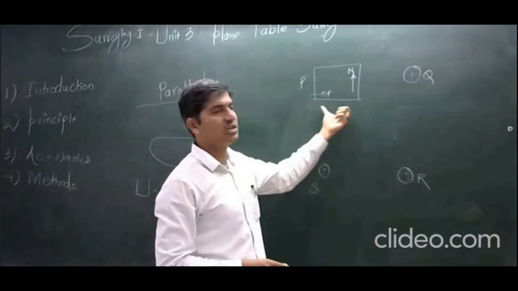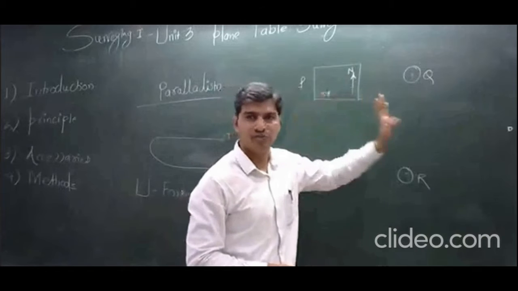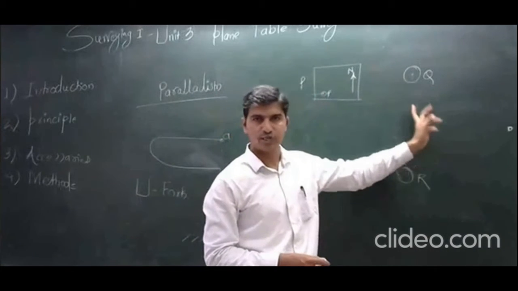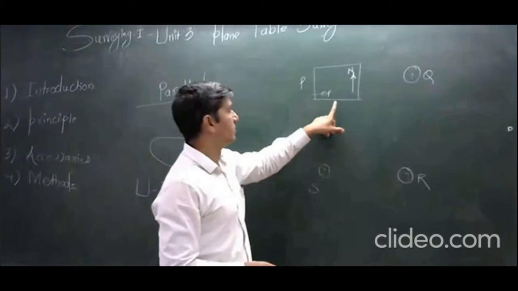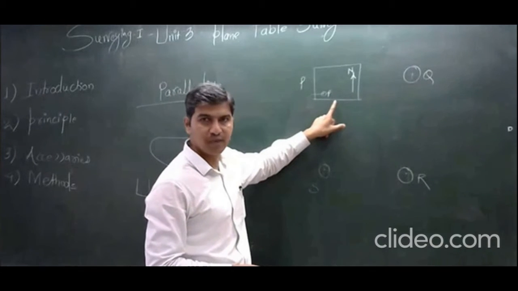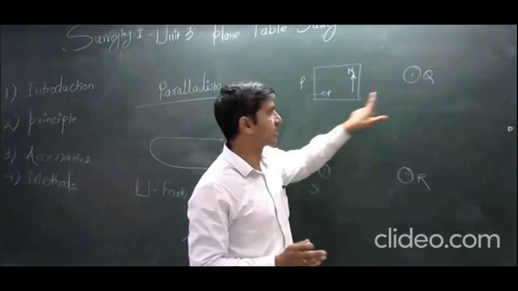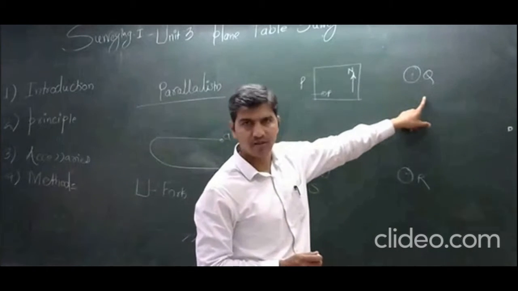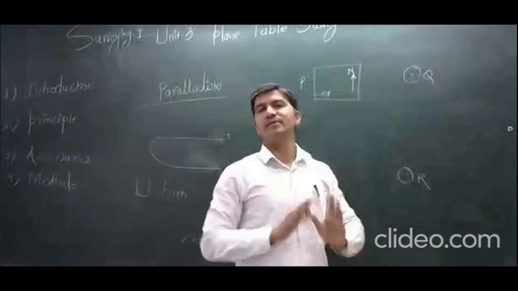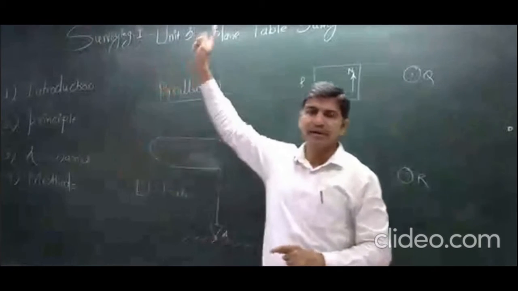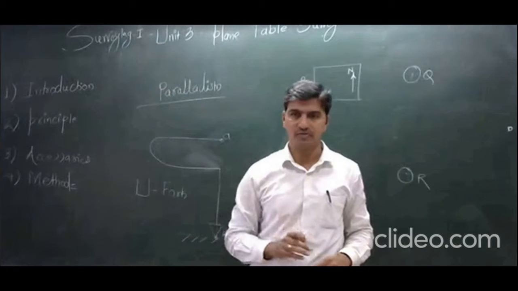It means the position of plane table which was earlier at point P, the same position will be there at point Q. So the first position of the plane table should be parallel with the second position of plane table when I shift to point Q. Then and only then will the plane table survey give you correct results.